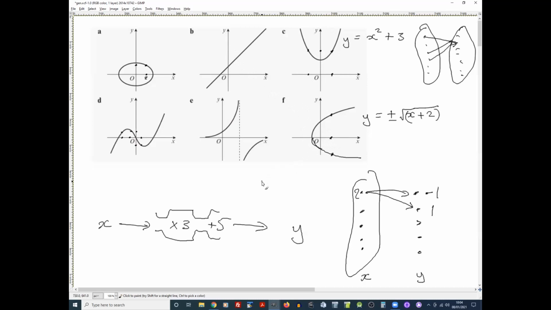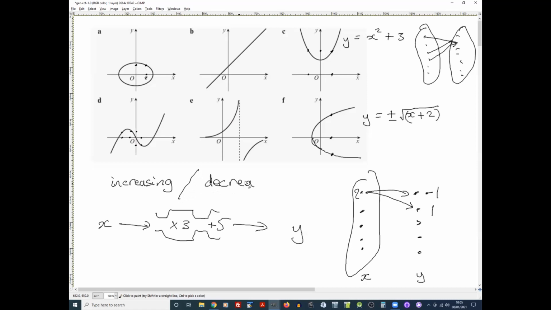Have we got an example here that's decreasing? I don't see one, but the point is, if they are increasing or decreasing, that means increasing all the way or decreasing all the way.